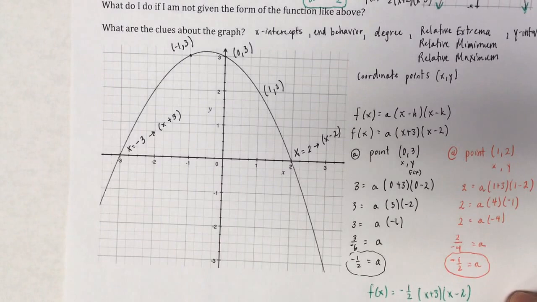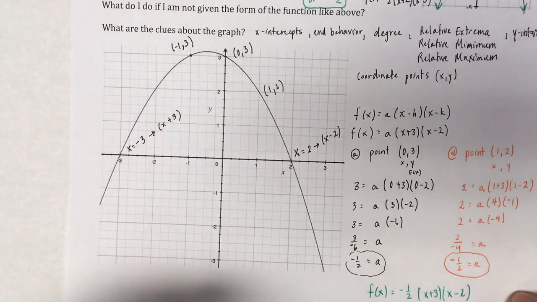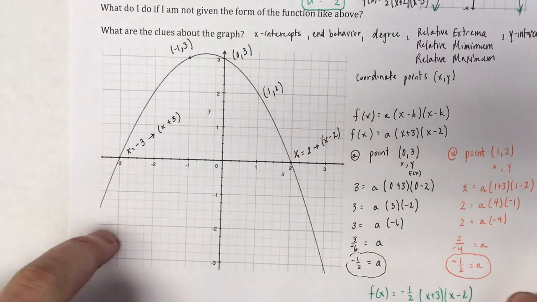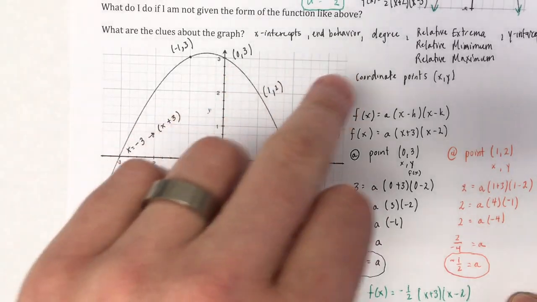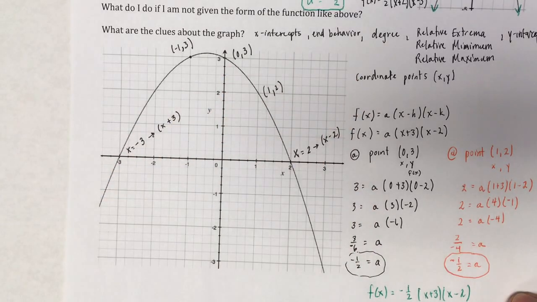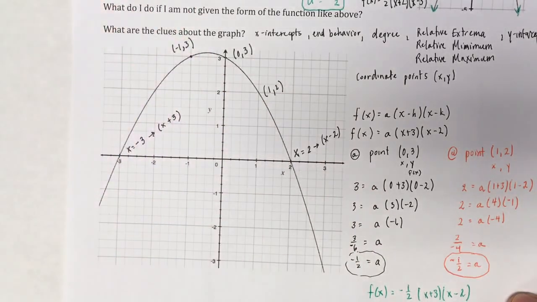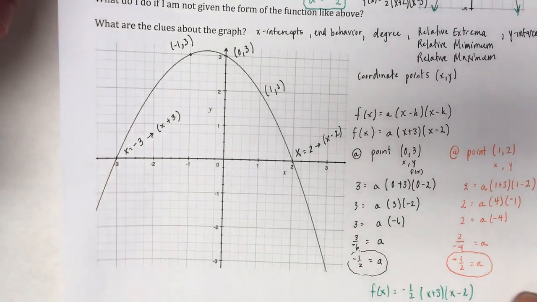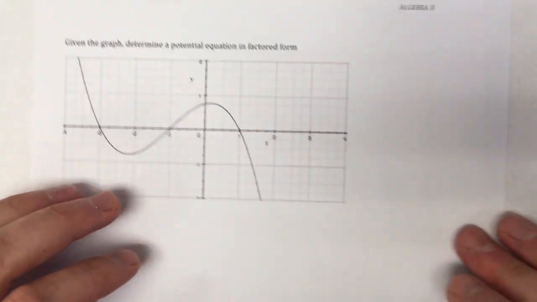Okay, so summarize what you've seen here. Make connections between the look of the graph, the degree, the number of relative extrema. There's only one. I know I have to be at least one less than the degree with my relative extrema, and how I use the y-intercept, or even coordinate points. I'll give you one more example to look at.